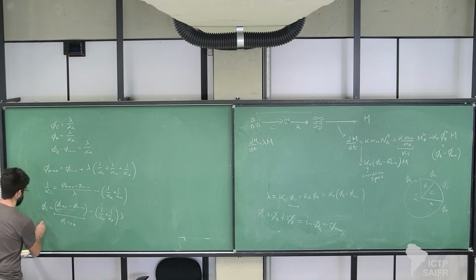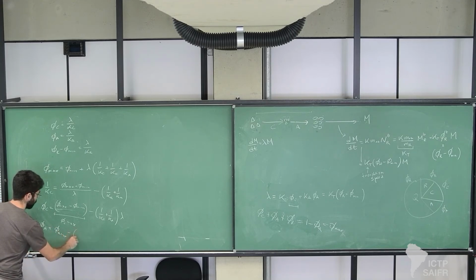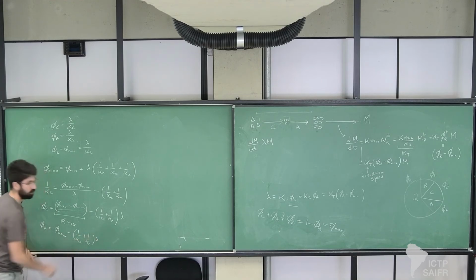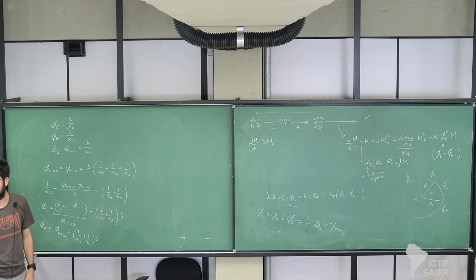So I get that also phi A is just some phi A max minus 1 over Ka R plus 1 over Kc over lambda. Okay? The same thing.